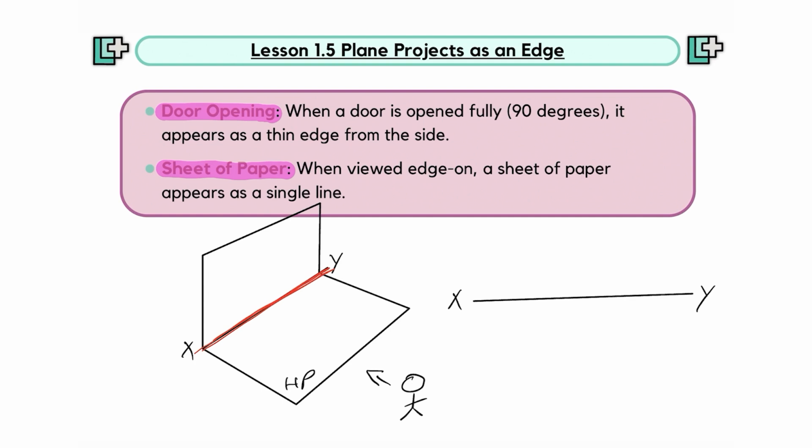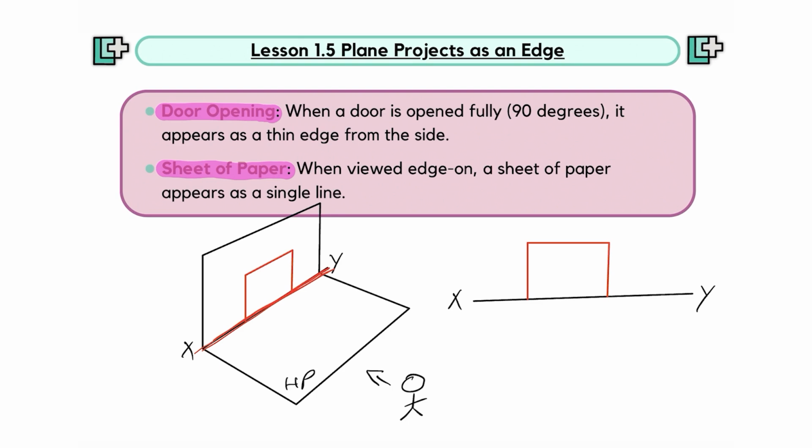So when I'm drawing my elevation, let's say of just a rectangular shape, which is resting on the horizontal plane, I'm establishing it from the XY line for my elevation. And that XY line is represented as a single line.